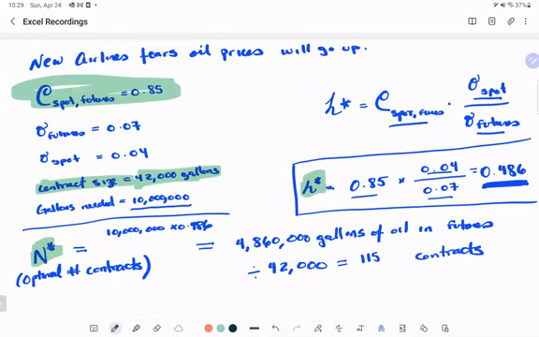What are the implications? Well, if this is the optimal number of contracts, then you would be above optimal if you buy 116 contracts, or you would be below optimal if you go down to 115. Either way, it's your choice, but you can either get 115 or 116.